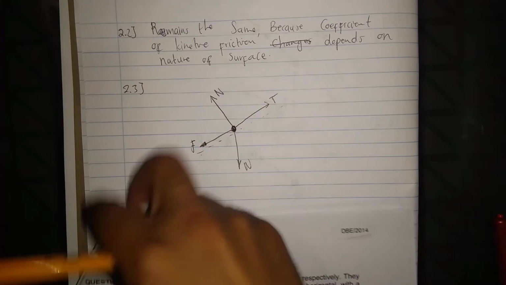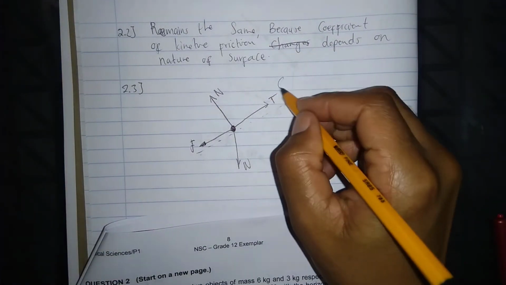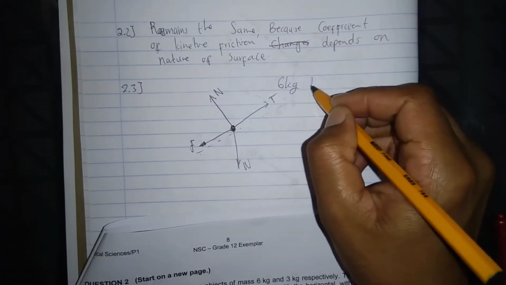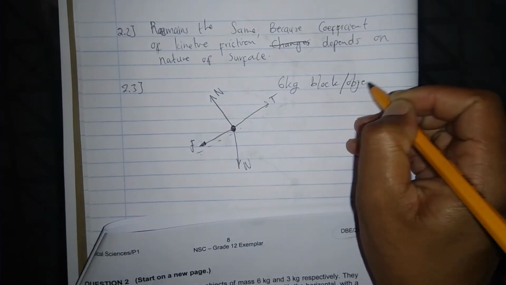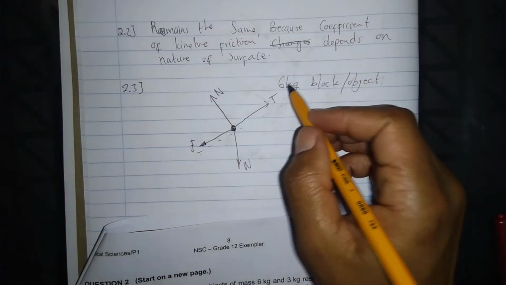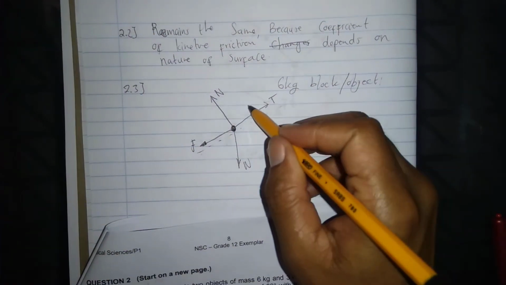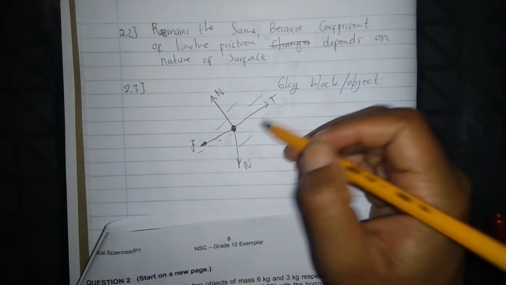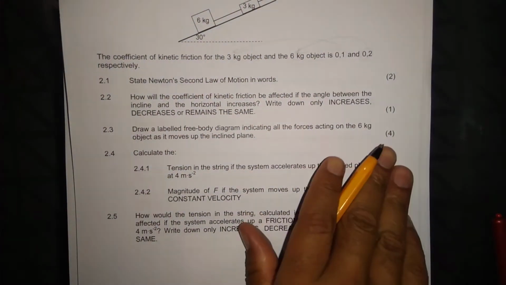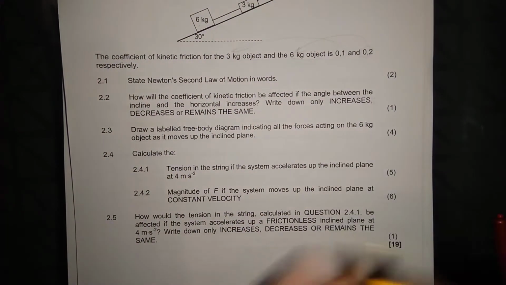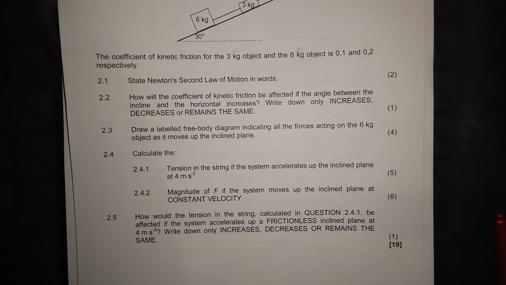Now the 6 kg block's free body diagram has 1, 2, 3, 4 forces acting on it, so you secure your 4 marks. Make sure you practice free body diagrams, because that's where you score marks in Newton's laws.